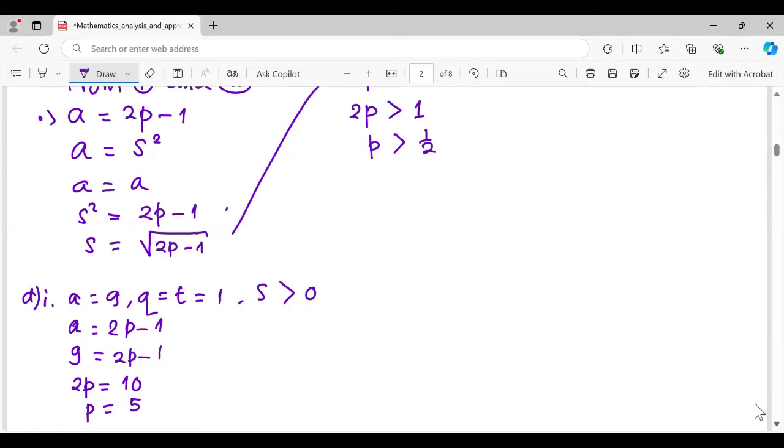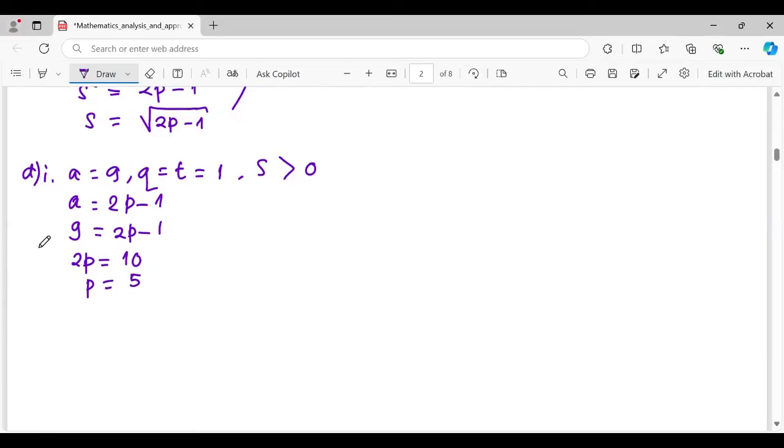If p equals 5, the arithmetic sequence a, p, q, and so on becomes the arithmetic sequence 9, 5, 1, and of course the next is minus 3, because the common difference is minus 4.